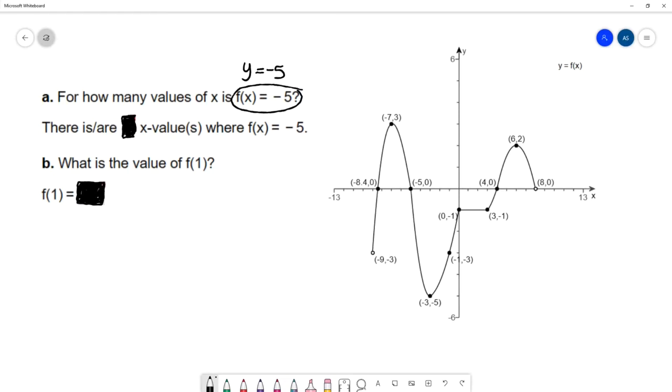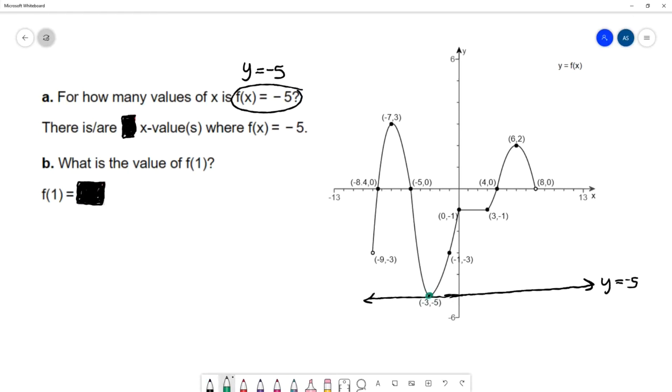I'm going to take a look at this picture, and I want to go to the y scale and find where y is equal to -5. The y will equal -5 right here. And I can draw a horizontal line, and that horizontal line would represent all of the places where y is equal to -5.